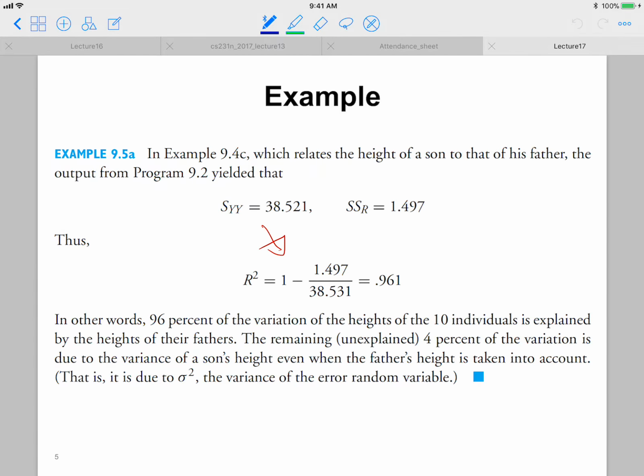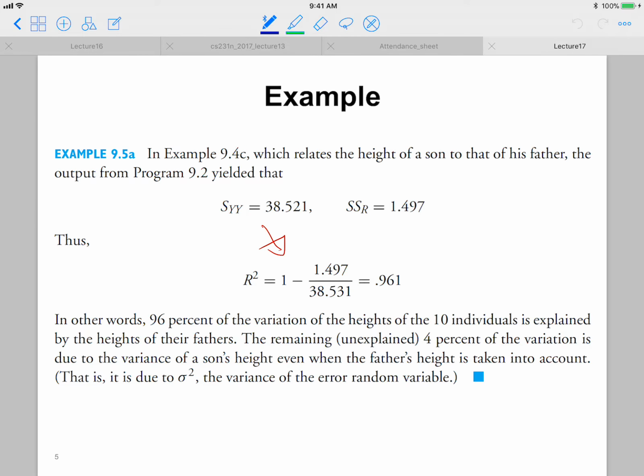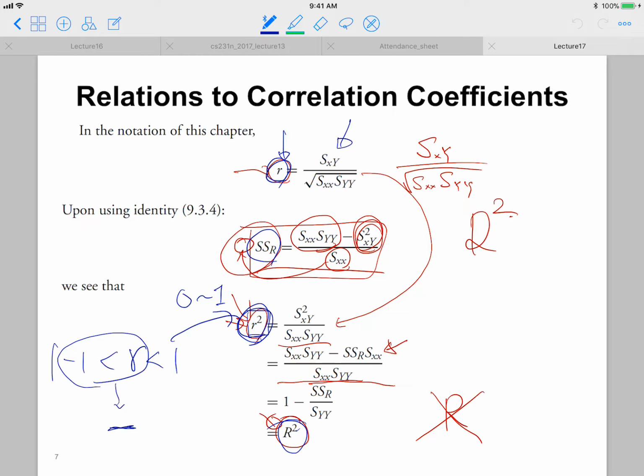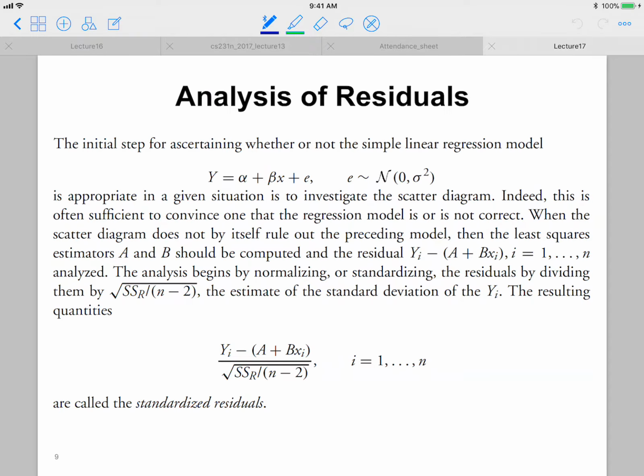Even though we do not prove it, this b will be a negative value, so our regression line has a negative slope. But even though R ranges between -1 and 1, after taking the square of it, it will be between 0 and 1. Okay, so that was the review of what we learned last time.